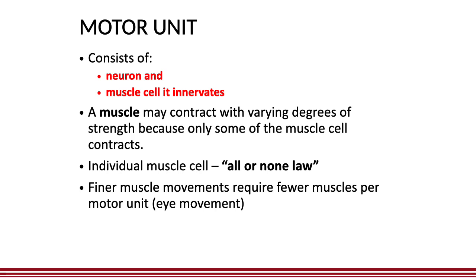So, for example, in muscles that require very fine movement or very fine motor control, for example, in the fingers, a single motor neuron innervates only a few muscle fibers. Whereas in areas of the body that do not require a lot of precise control, like larger muscles, like in the legs, a single motor neuron may innervate thousands of muscle fibers.